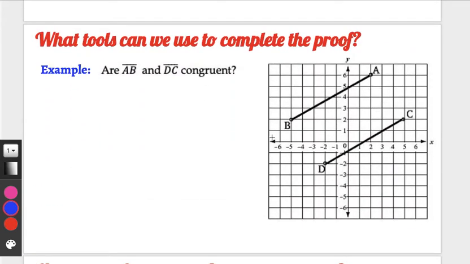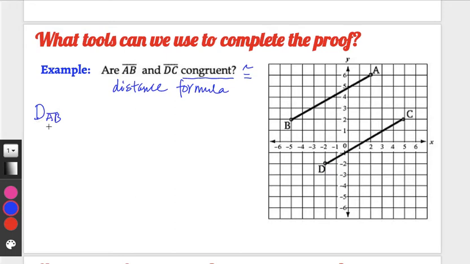So as you can see, this is very similar to the one we just did before. The graph is the same, but this time the question is different. This time we are looking at these two line segments, and we are going to prove if they are congruent. As we mentioned, if you want to prove they are congruent, we need to find the length of the two segments. That's why we are going to use the distance formula to find how long each line segment is. Again, in most cases we just use D to represent the distance.